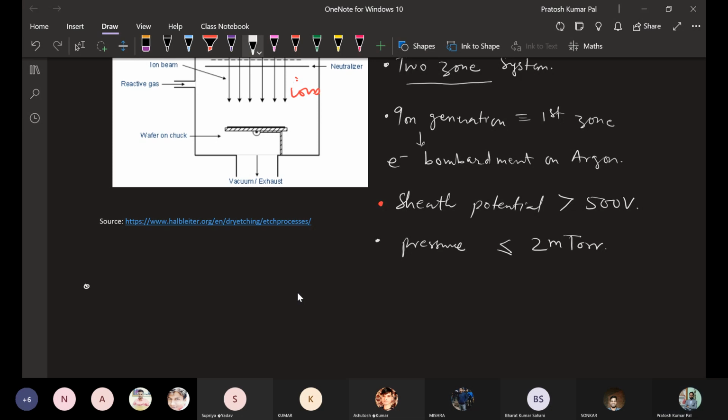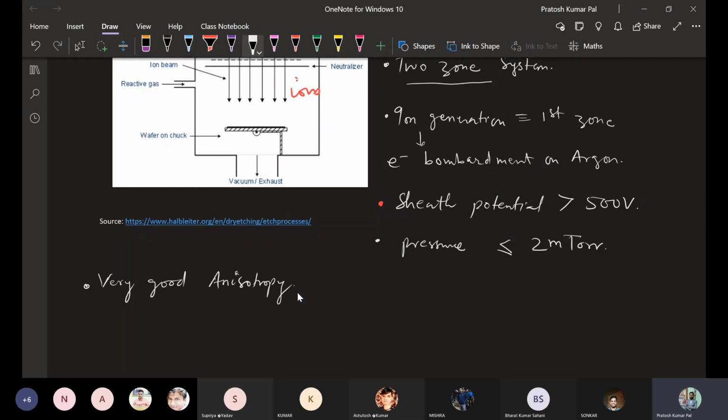Here the obtained etching will be anisotropic. We will be obtaining very good anisotropy because a high energy ion beam is being bombarded to this semiconductor substrate to selectively remove the surface.